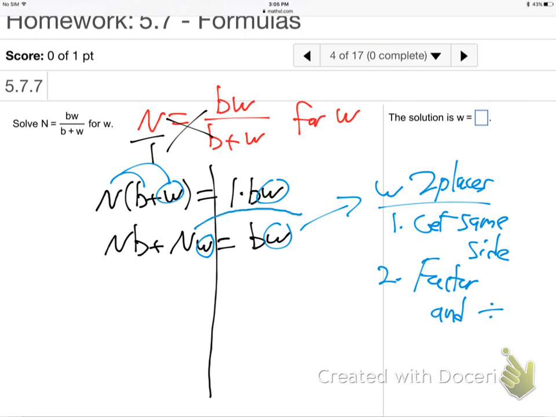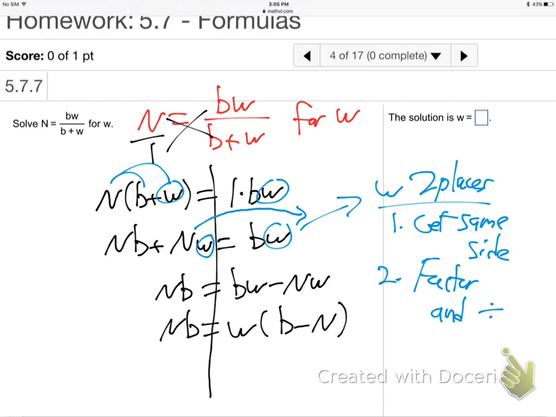So jump this NW term over here, so both the W's are on the same side. BW minus NW. And factor out the W. Is that okay?